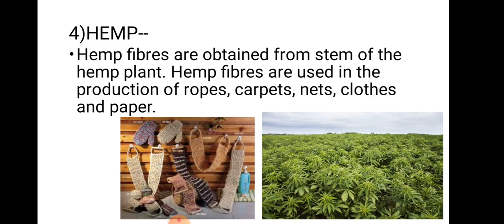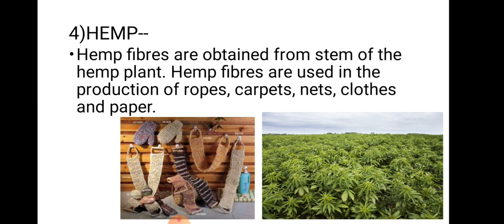Next is hemp. What is hemp? This is also a plant fiber, means this also we get from the plant, and it is obtained from the stem of the hemp plant. Hemp fibers are used in the production of ropes, carpets, nets, cloths and paper. See here different things are given.